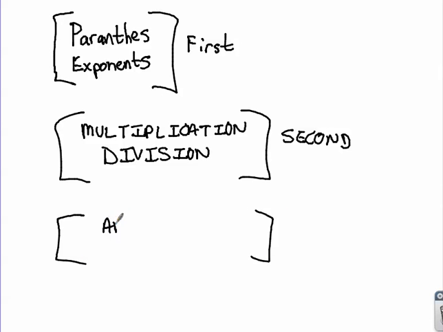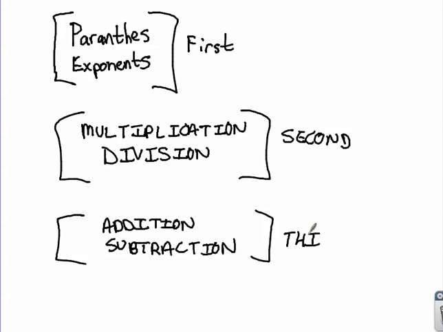And then you have addition and subtraction. These things happen last, or third. So we basically have a list. We start off with parentheses, then we move to exponents, then we move to multiplication and division, and finally we finish with addition and subtraction.